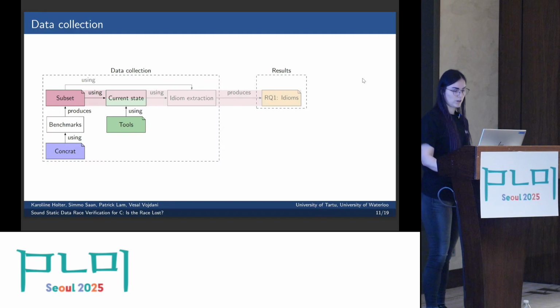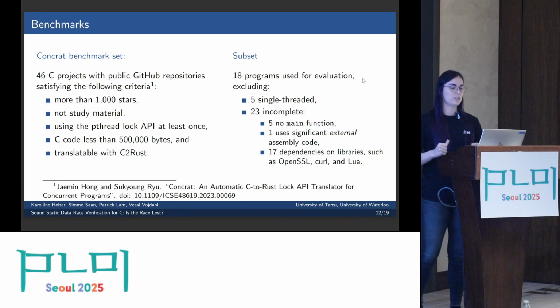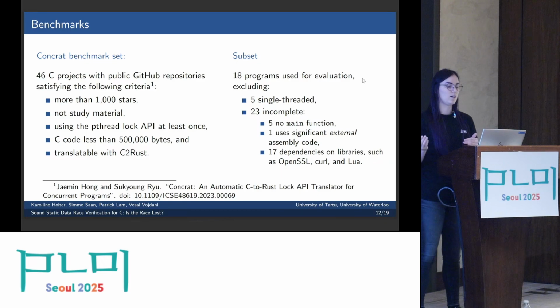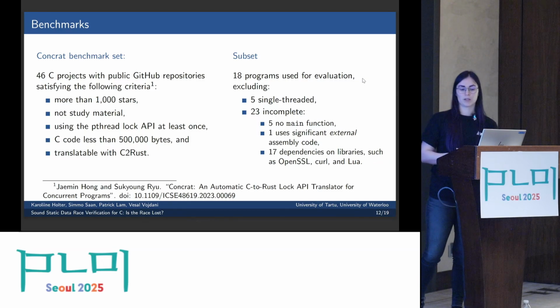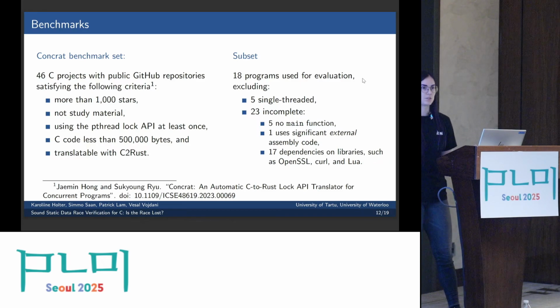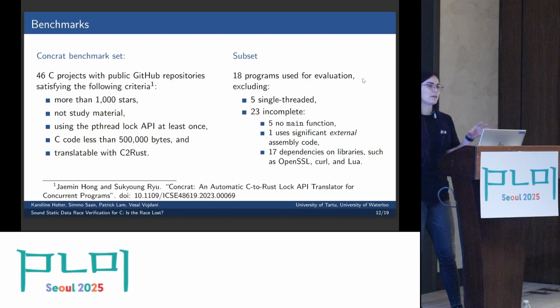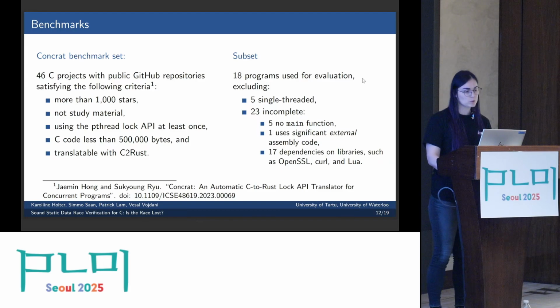For the real-world programs, we were fortunate to find an existing collection of real-world C programs compiled by Hong and Ryu, but we unfortunately had to exclude some of the programs from the evaluation, so we were left with 18 programs. The exclusion was because some of them were single-threaded, so there was no point in running the tools on them, and with the current static analysis tools, we cannot really handle projects where there are massive amounts of external code, so these wouldn't give meaningful results for us.